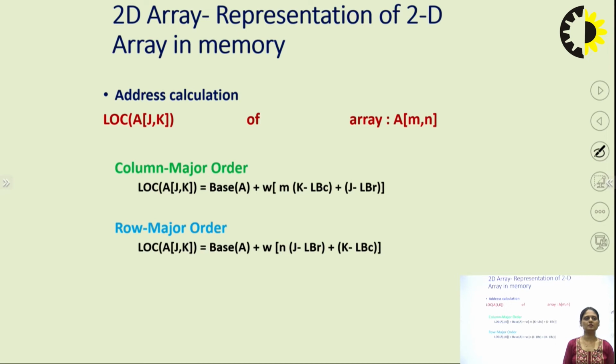Suppose we have the C language, and we are given the base address, the number of bytes each element takes, the total number of columns n, and LBR. Then we know that C stores data in a row major fashion, so we apply this formula and calculate the address of the jth row and kth column.